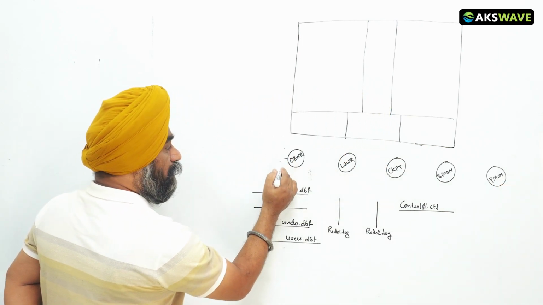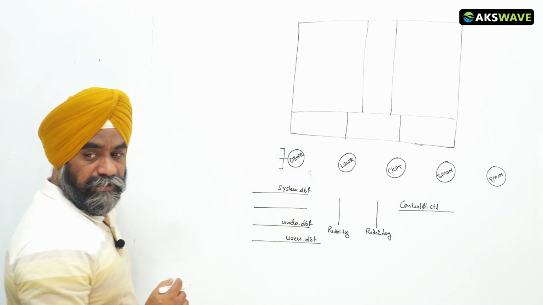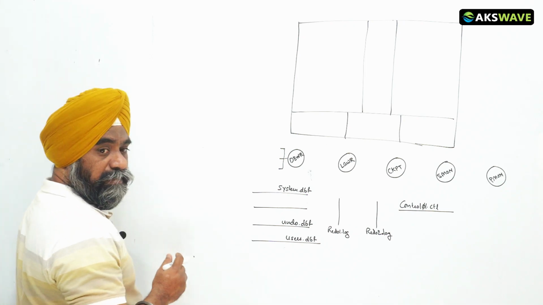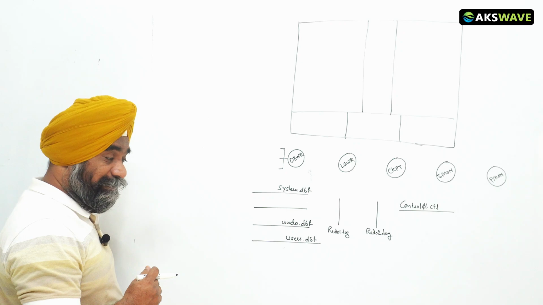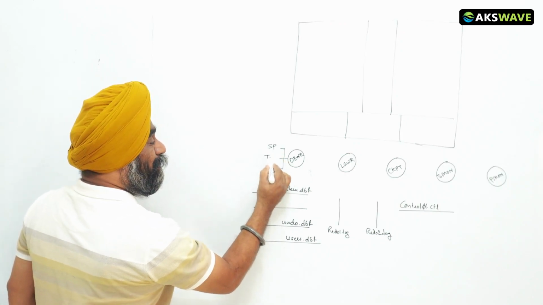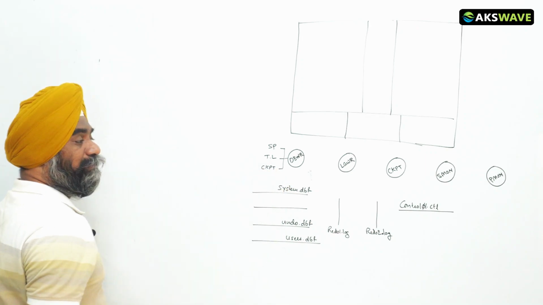DB writer is invoked in n number of cases. What are those? Can you please help me here? It is invoked by a server process, a threshold limit, and the checkpoint process.